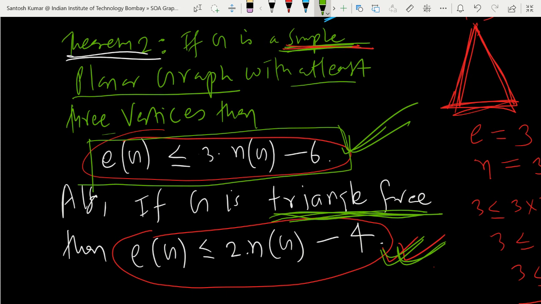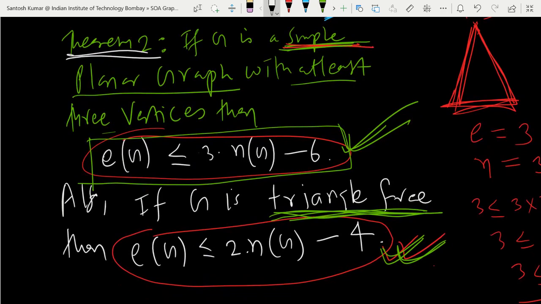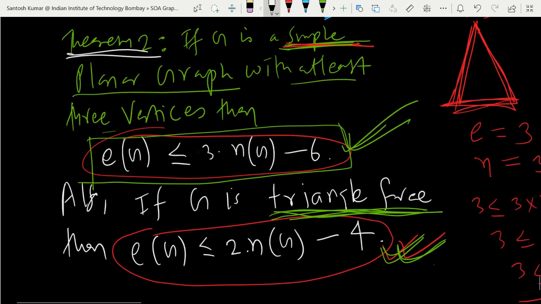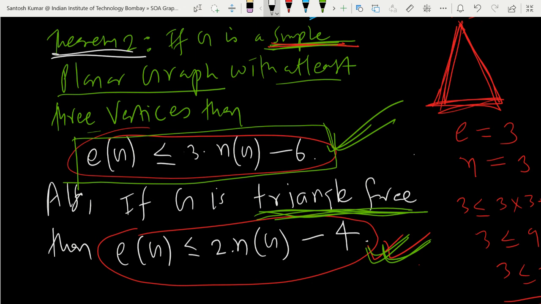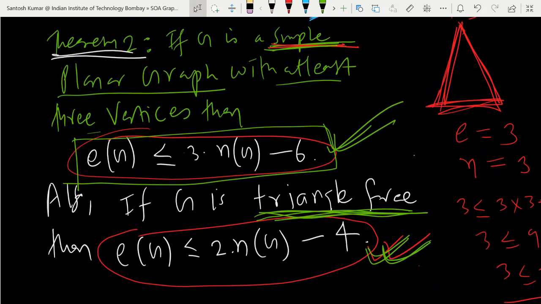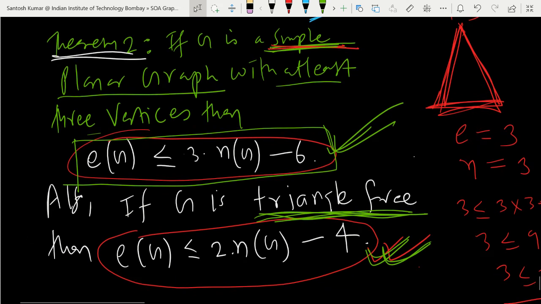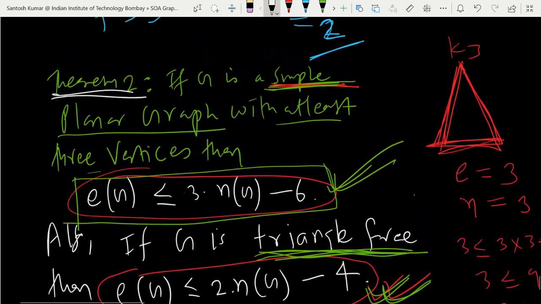This is just one side result, not both sides.